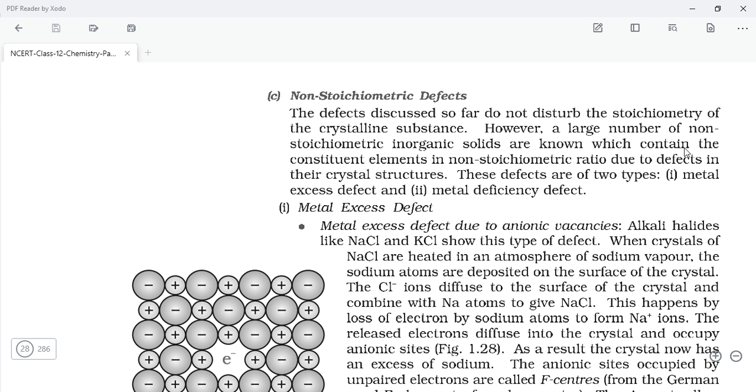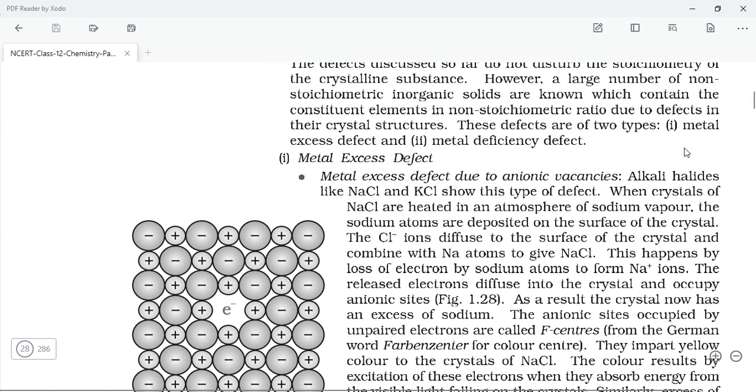The Cl minus ion diffuses to the surface of the crystal and combines with Na atoms to give NaCl. This happens by the loss of electron by sodium atoms to form Na plus ions. The released electrons diffuse into the crystal and occupy anionic sites. As a result, the crystal now has an excess of sodium.